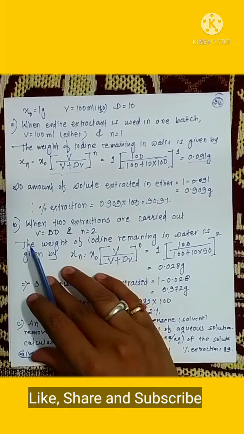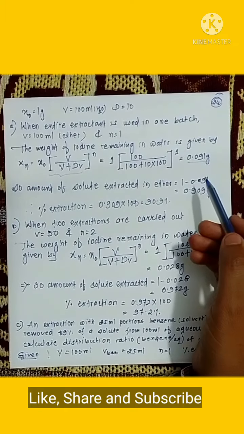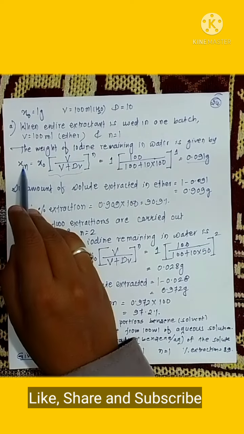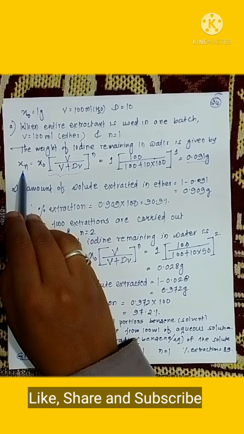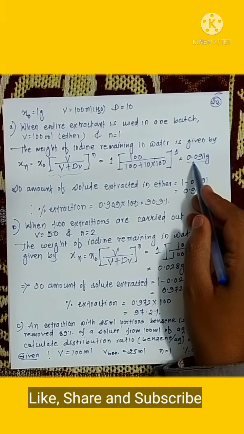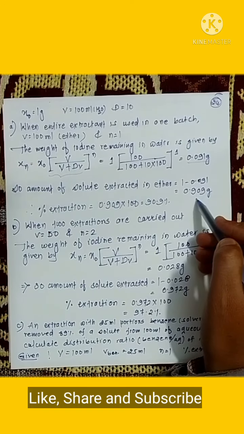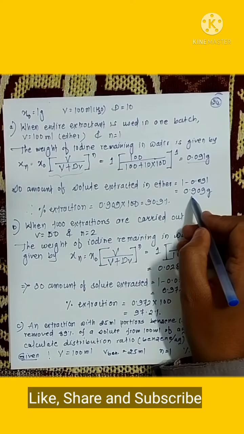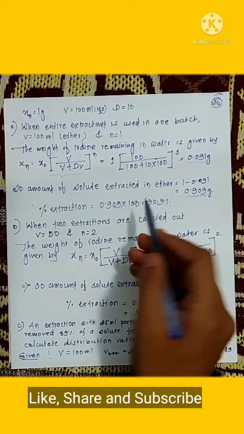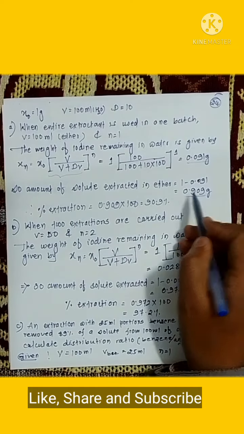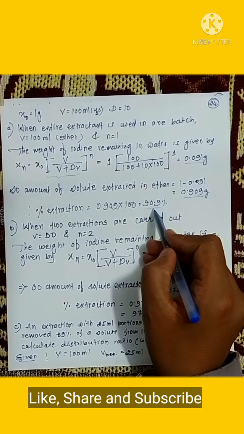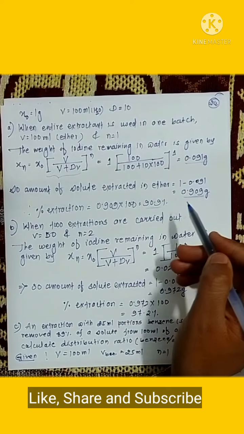Now we have to calculate how much solute is extracted in ether, and this is the amount of solute present in the water subtracted from 1. So the amount of solute extracted in ether is 0.90 gram. Now for percentage extraction, simply multiply this value by 100. So percentage extraction in this case, carried out in one installment, is 90.9%.